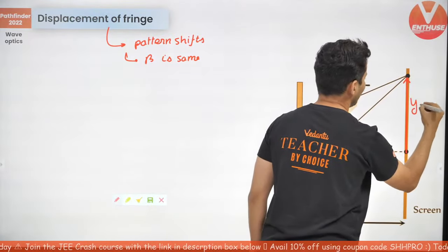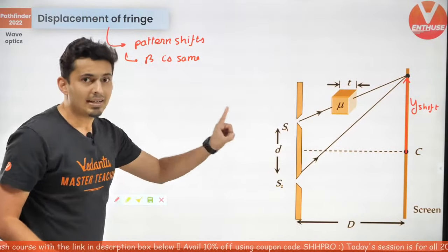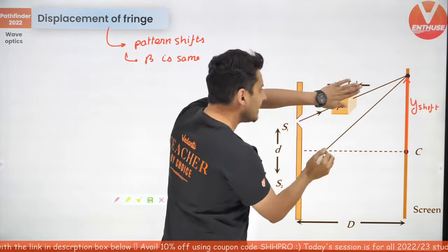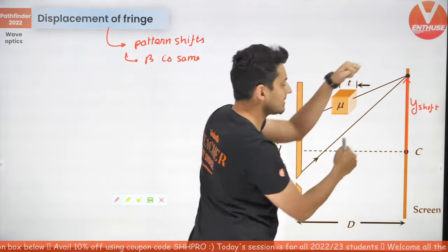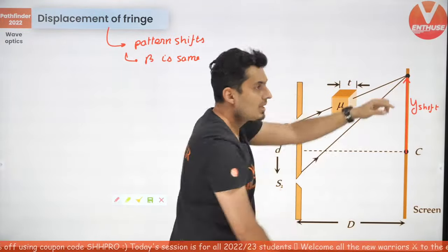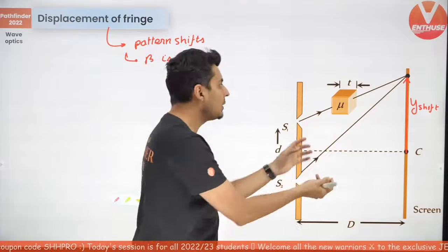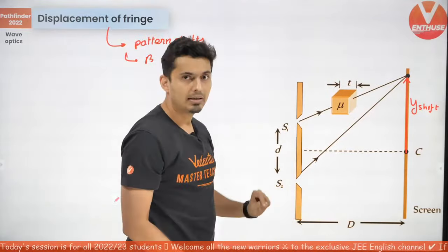If I call this Y shift, at that point, ignoring that glass slab, just ignore that glass slab, there is a path difference. Just ignore the slab, there is a path difference. If that same path difference is introduced by the glass slab, it will be nullified by it. I'll repeat.